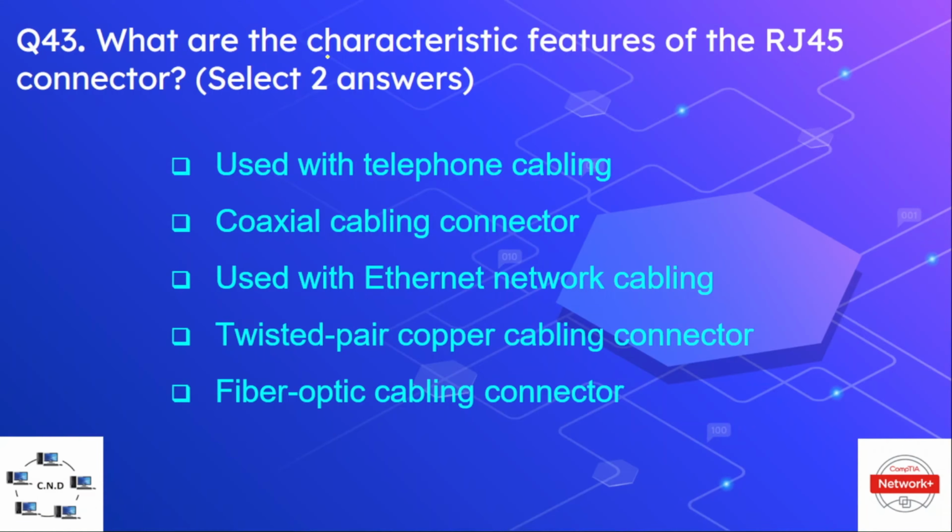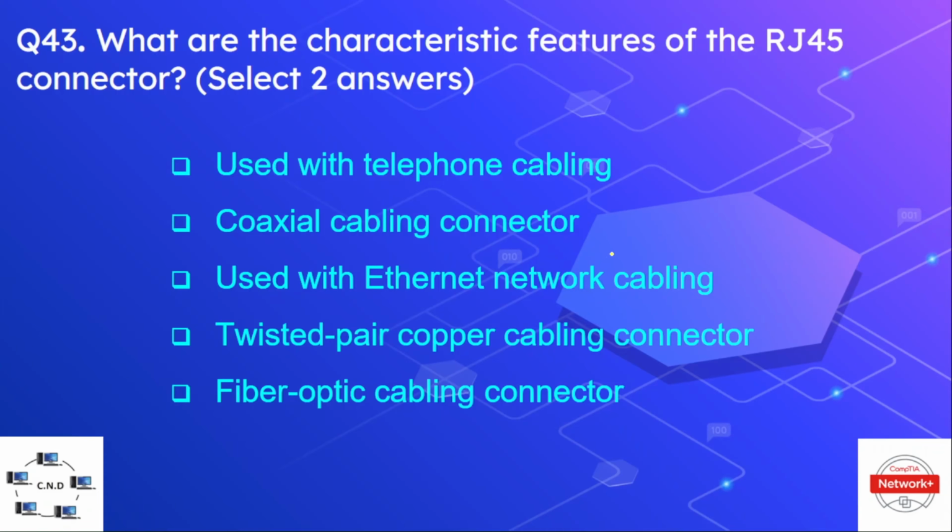Question number 43 is that what are the characteristic features of the RJ45 connector? And we have to select 3 answers. The options are used with telephone cabling, coaxial cabling connector, used with Ethernet network cabling, twisted pair copper cabling connector, or fiber optic cabling connector.